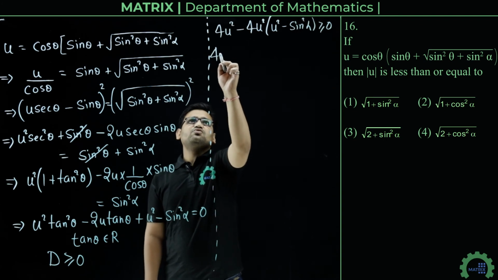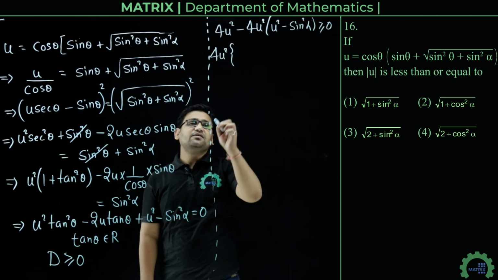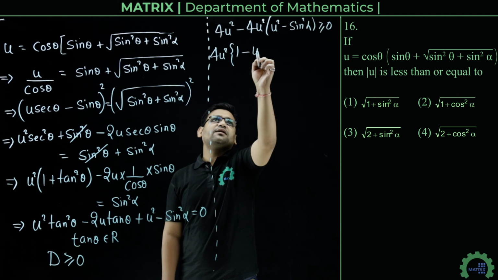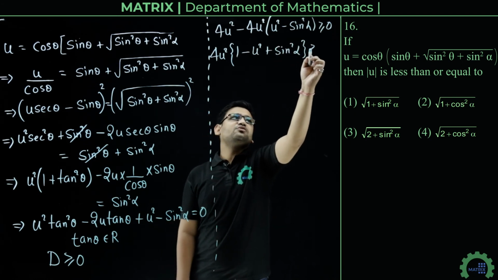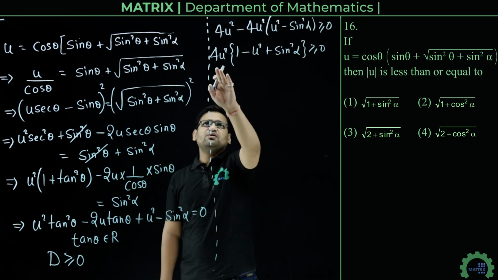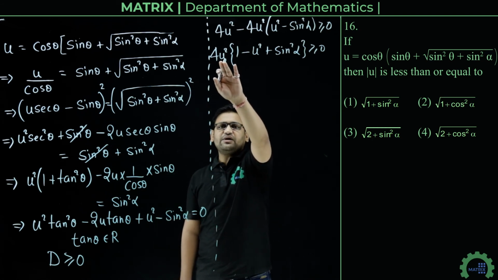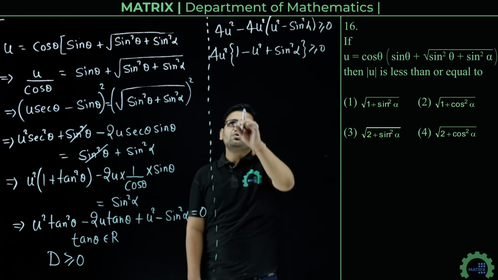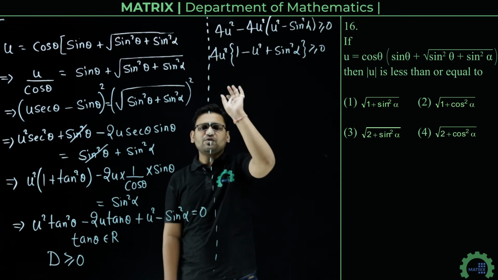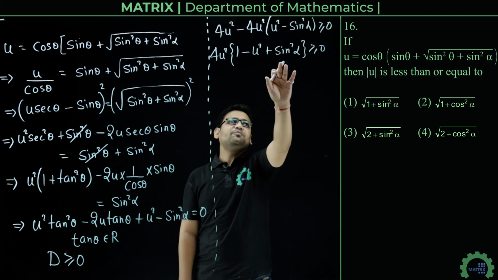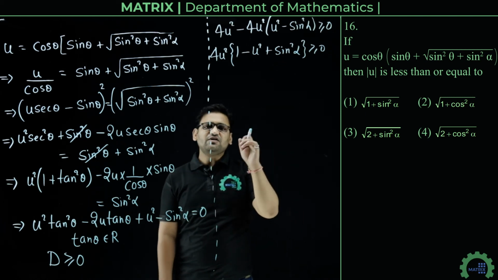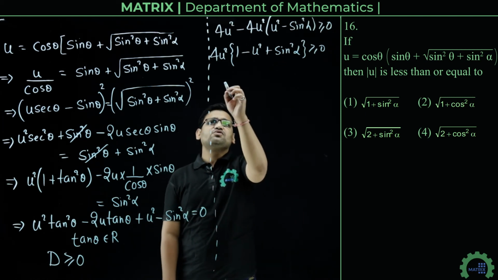Or taking 4u square as common, we get 1 minus u square plus sin square alpha is greater than or equal to 0. Now we know that 4u square is a perfect square, that is 2u whole square. So this number is always positive. So the expression 1 minus u square plus sin square alpha should be greater than or equal to 0.